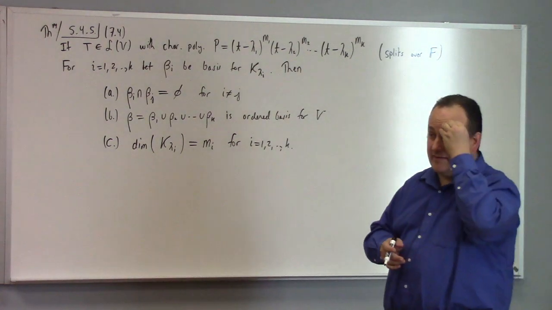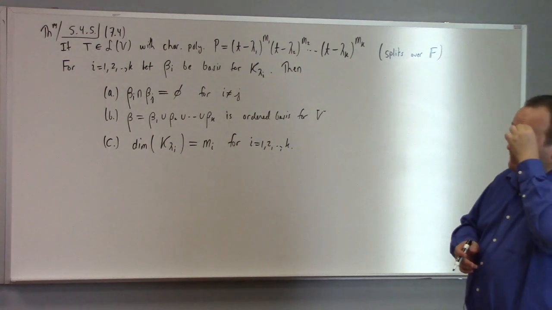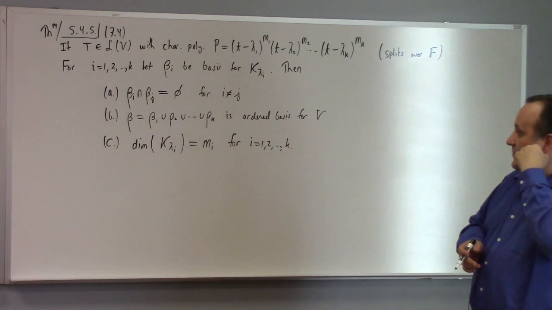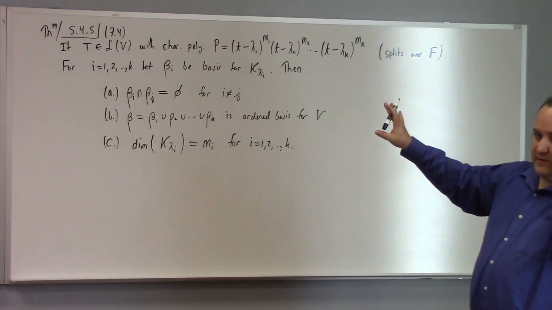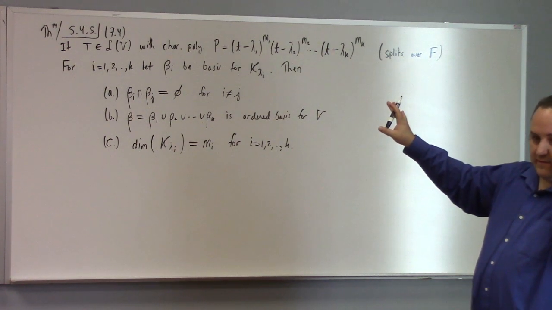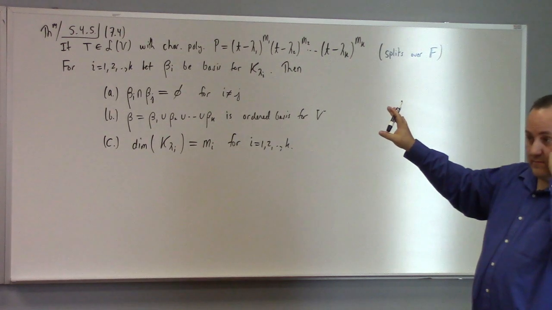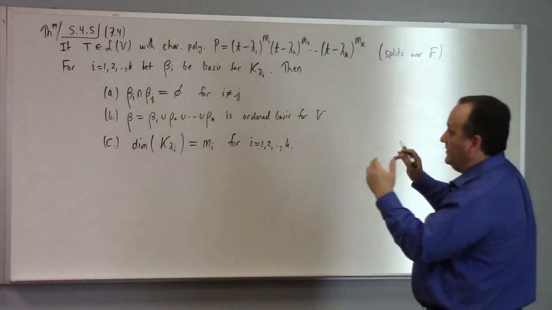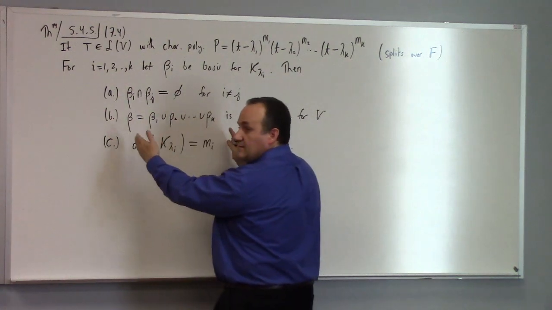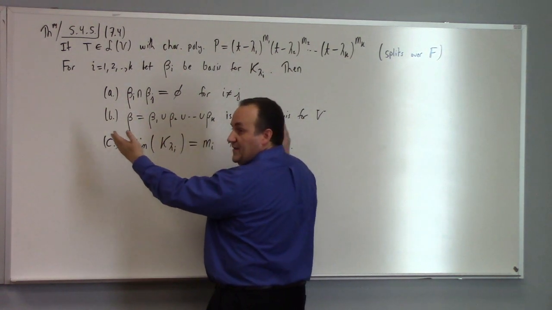It's not easy. But what does it mean if we have this theorem? It means that the generalized eigenspaces are, just like we proved last class, independent, because the union of their bases is a basis for the whole space.